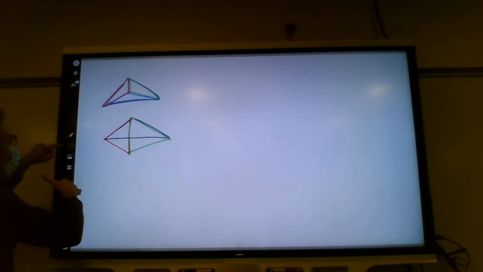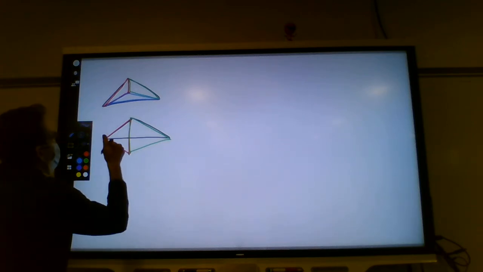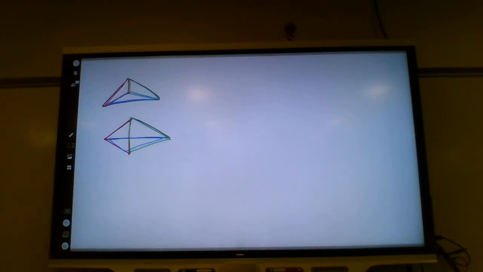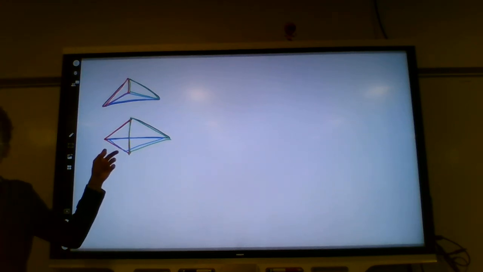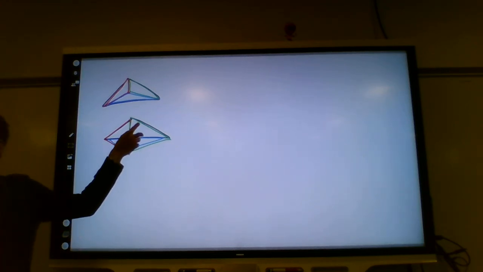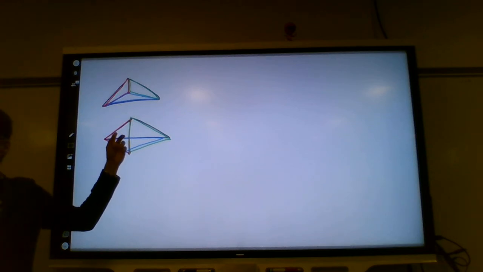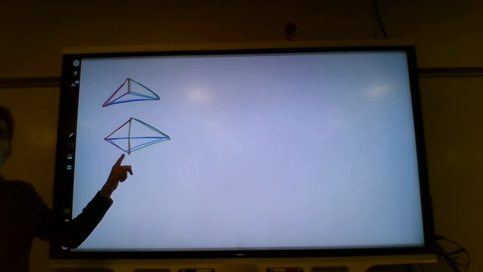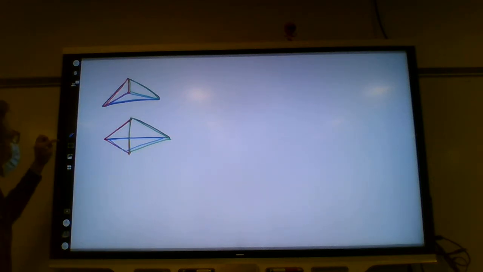And then we still have the blue triangle. And what happens if we add the areas of those triangles together? The red, the green, and the blue. That's bigger than the original, isn't it? Just the red and the green by themselves are bigger than the original. Does that make sense?